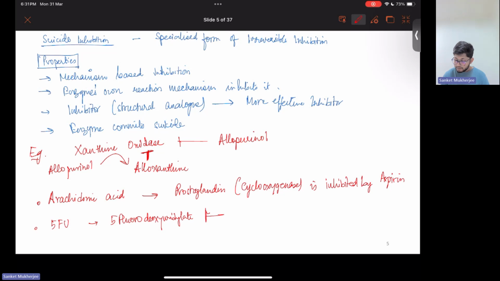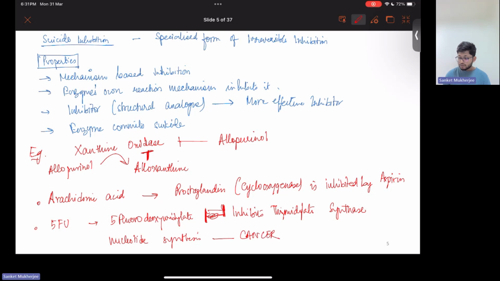This inhibits thymidylate synthase, and it inhibits nucleotide synthesis and it's used in cancer.